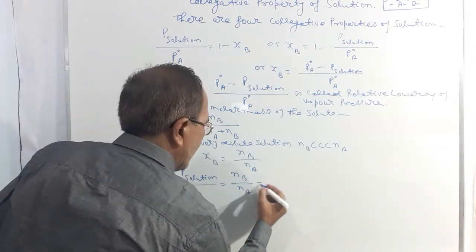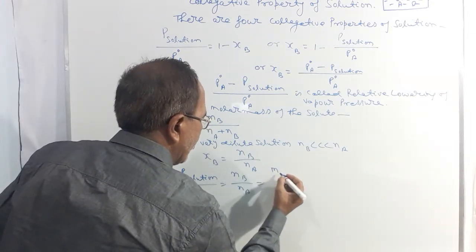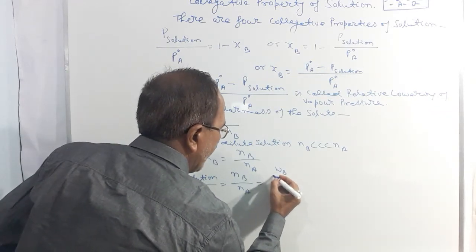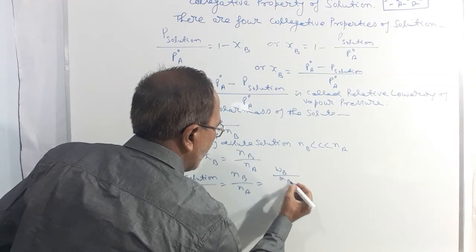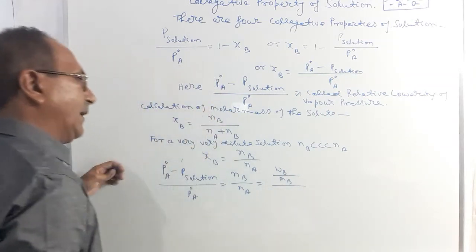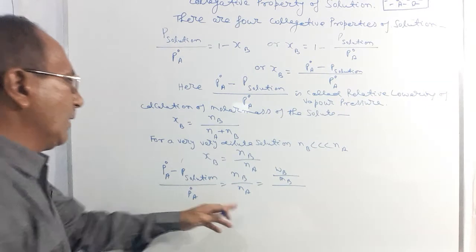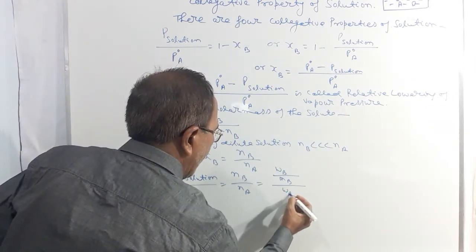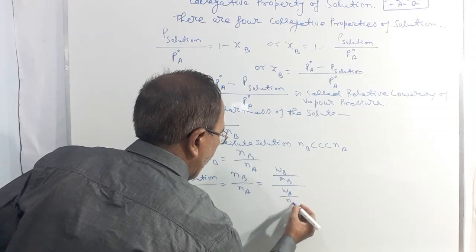This is equal to given weight of B divided by molecular mass of B, by given weight of A by molecular mass of A.